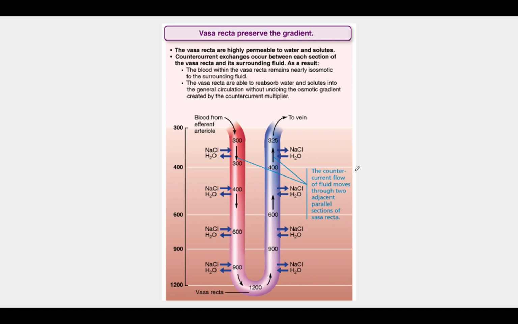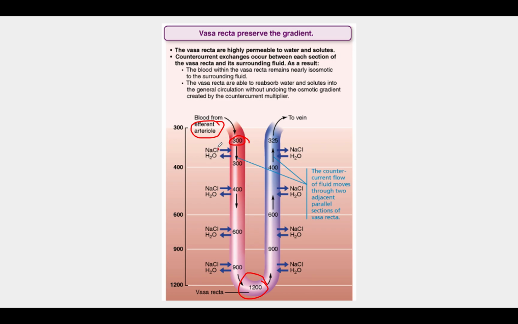Now let's take a look at the vasa recta. So we have the efferent arteriole, and it starts off with 300 milliosmoles, and then it ends with 1,200 milliosmoles. This efferent arteriole is actually side by side with the descending limb.